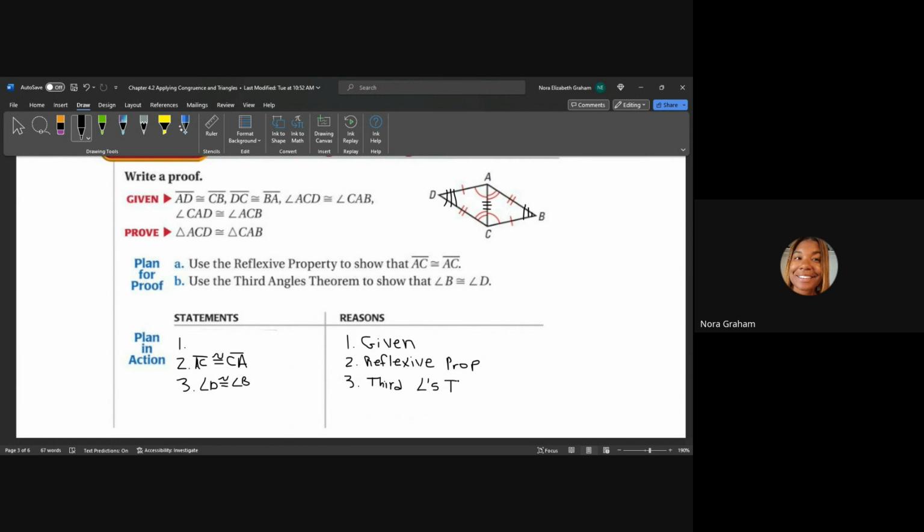And then our last step is we just state what we proved. So we just go triangle ACD, sorry, that's a little sloppy, congruent to triangle CAB. My pen is messing up today.